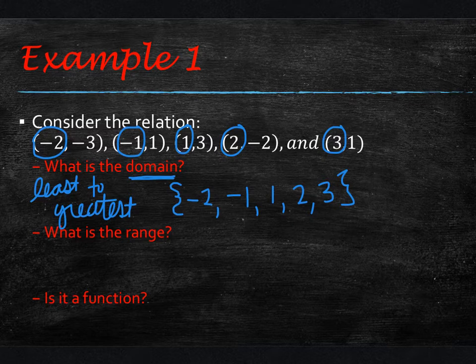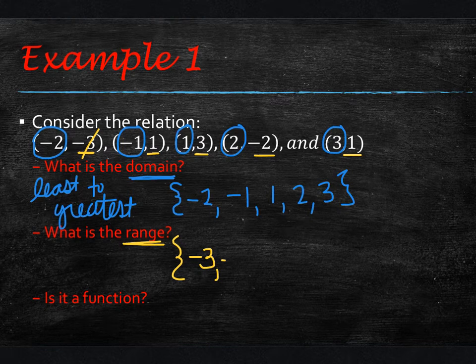Now let's look at our range. If you remember from the definition, your range is your y values. So we have these y values right here. Again, we're going to list them from least to greatest. So the lowest value is -3. Then we would have -2. Then we would have 1. And notice that we have 2 ones, but we only list them 1 time.